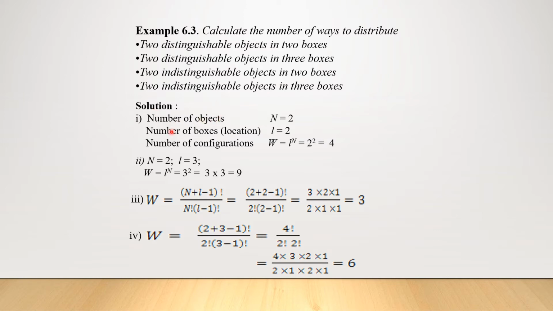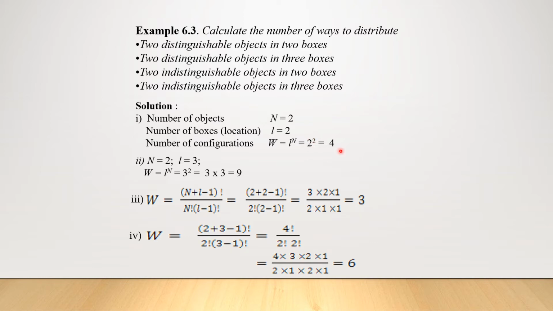So the solution is, now let us discuss the first: 2 distinguishable objects you have to arrange in 2 boxes. So the number of objects n is equal to 2. Then the number of boxes, that is locations, is also 2. So the number of configurations is given by the formula W is equal to L raised to the power n. So 2 raised to the power 2, that means 2 square, so that comes out to be 4.